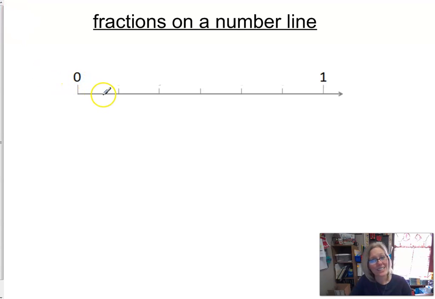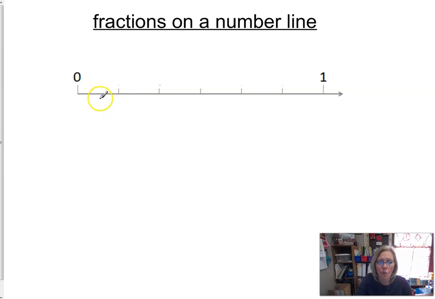You can also do fractions on a number line. Now, number lines are a little trickier, but I taught you earlier that when you find fractions on a number line, we count the spaces between the whole numbers. So my number line here just starts with a 0, ended with a 1, and I need to count the spaces between the lines here.